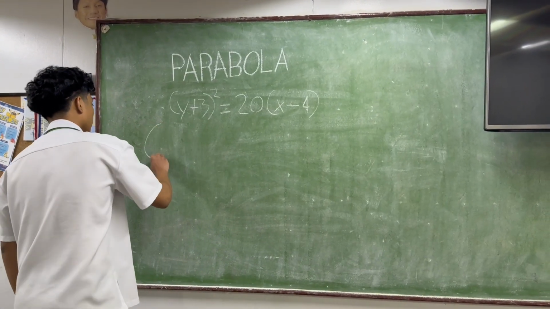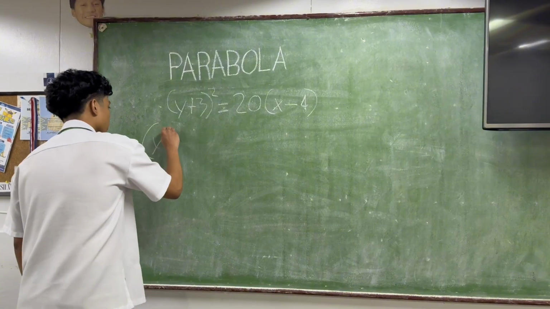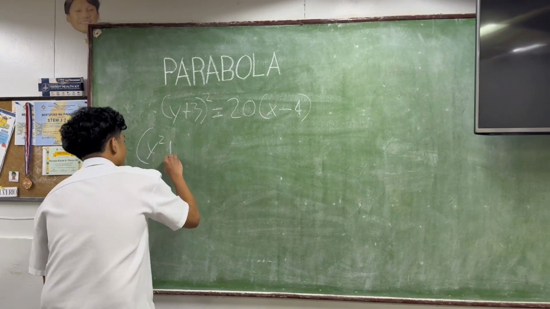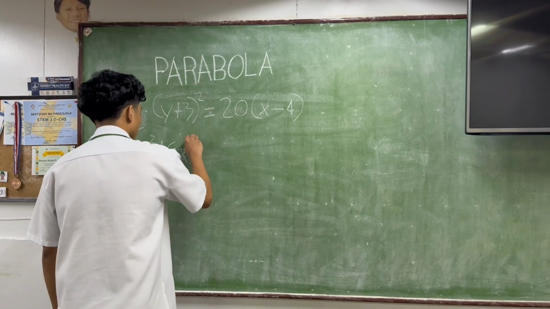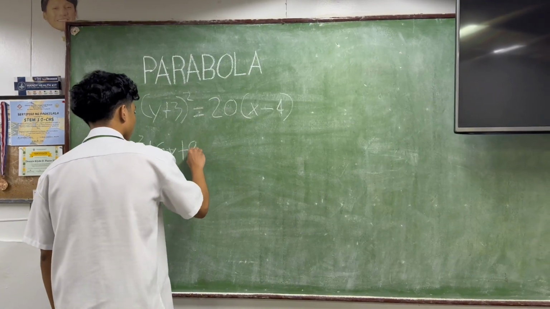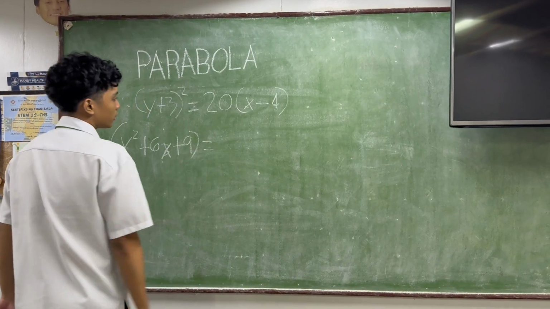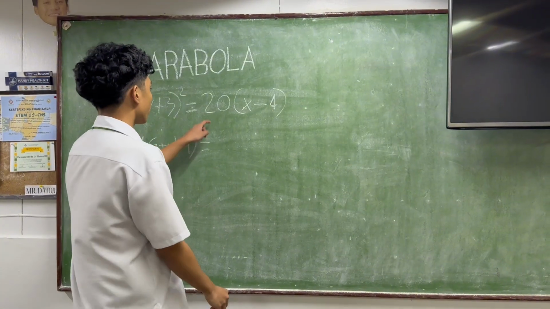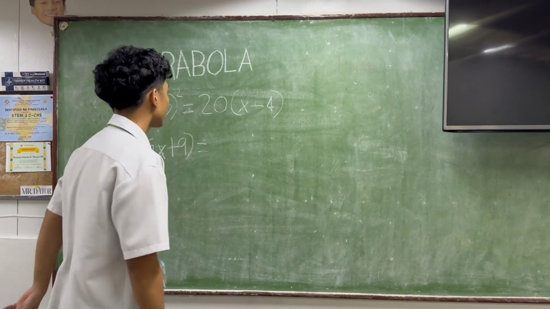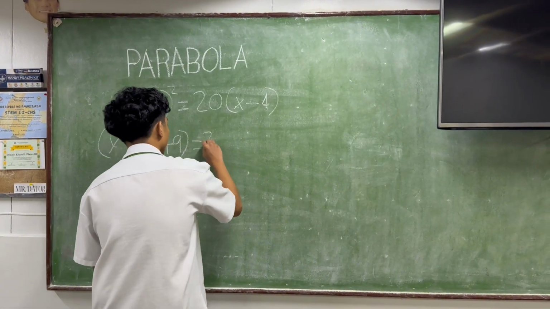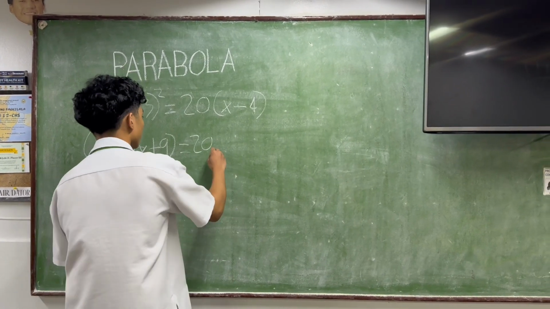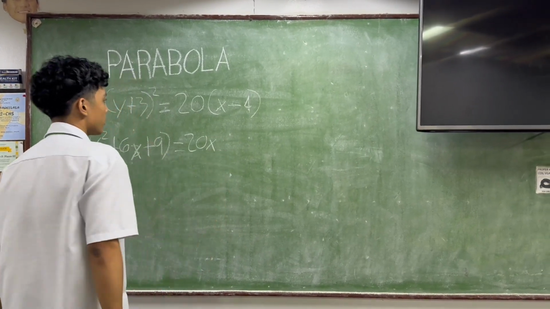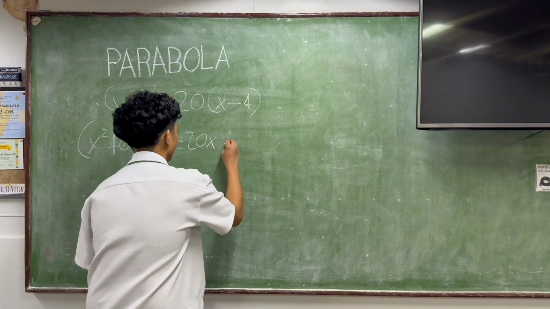So, y squared plus 6y plus 9. On the second term, we can distribute 20 to x minus 4. So, 20 times x is 20x. 20 times negative 4 is equal to negative 80.